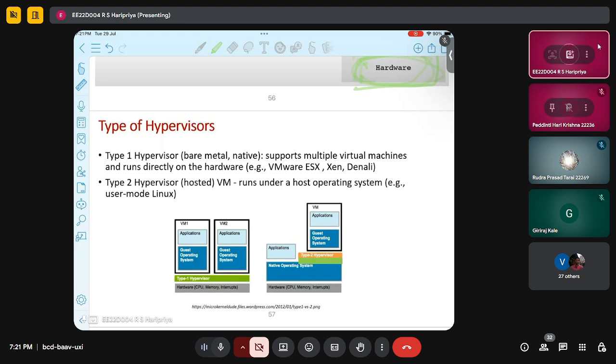So what are the different types of hypervisor? Type 1 hypervisor, which is bare metal or native.